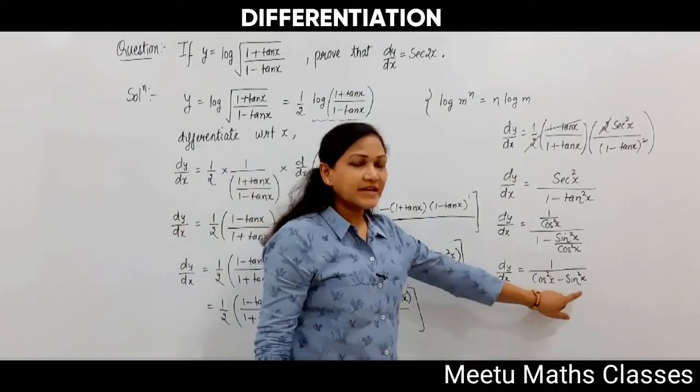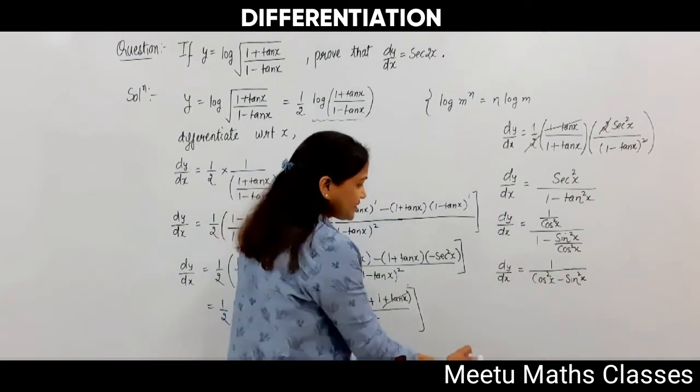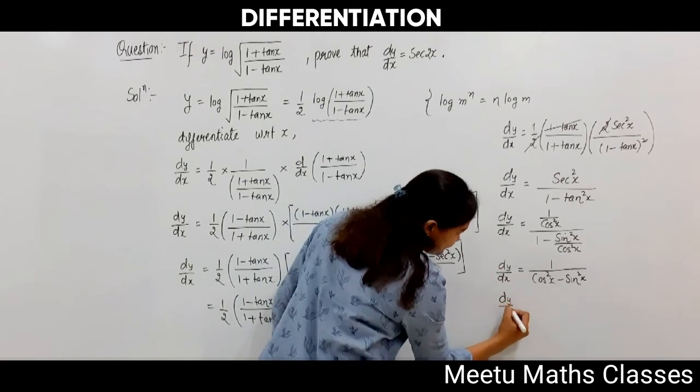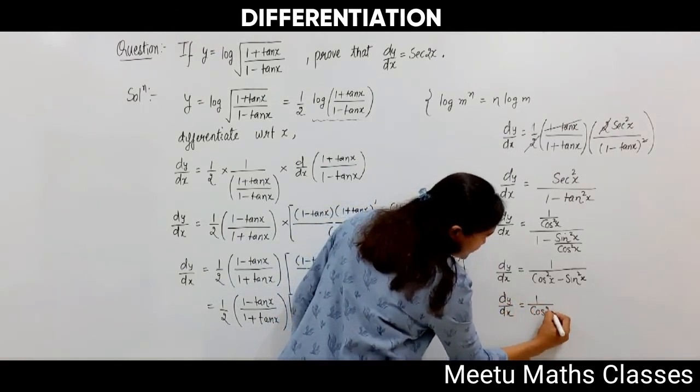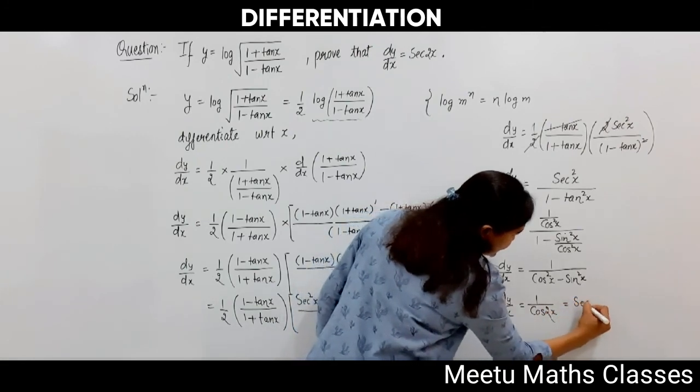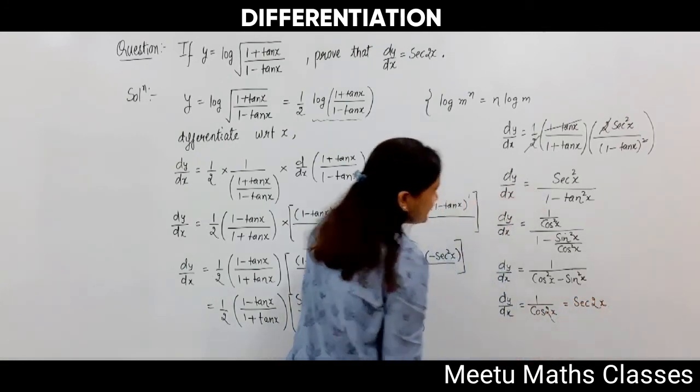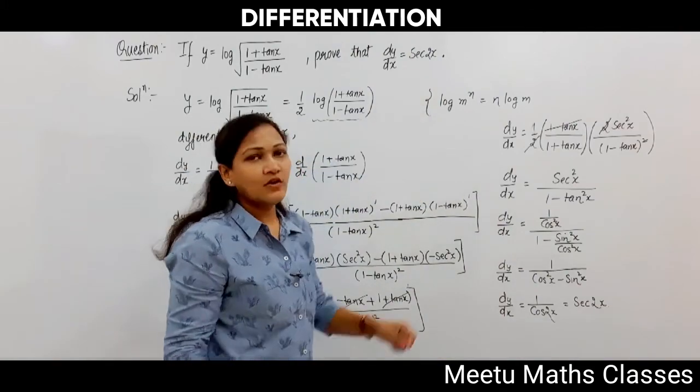And cos square x minus sin square x can be written as cos 2x. And 1 upon cos 2x can be written as sec 2x. And this is what you have to prove.